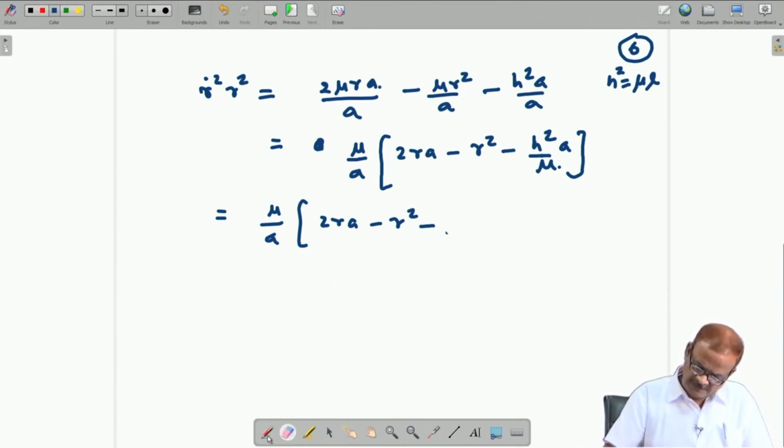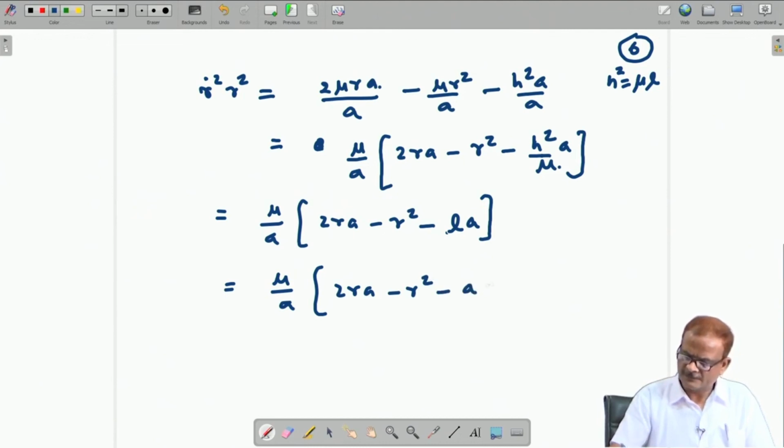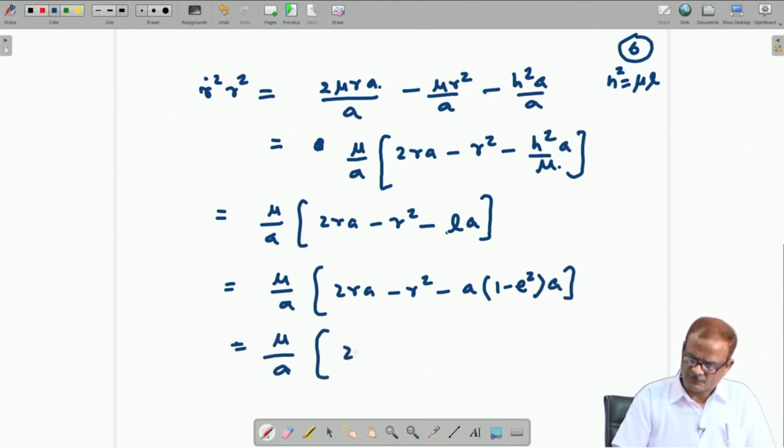So, this is L times A, which is mu by A times 2 r A minus r A square. Now, L, as we have worked out earlier, is 1 minus E A square. So, this is mu by A times 2 r A minus r A square minus A square times 1 minus E square.